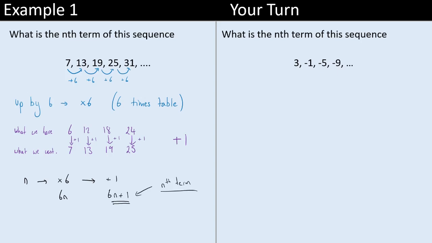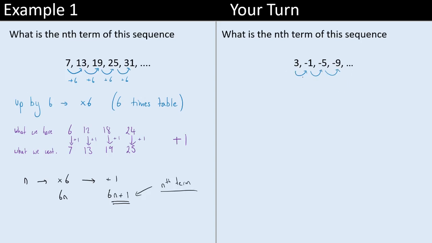And if we have a sequence which goes up by the same amount each time, we can do that. Even if it's going down the same amount each time, we can still do exactly the same. Instead, our times table will be slightly different. Just like this one here. This one isn't going up the same amount each time.